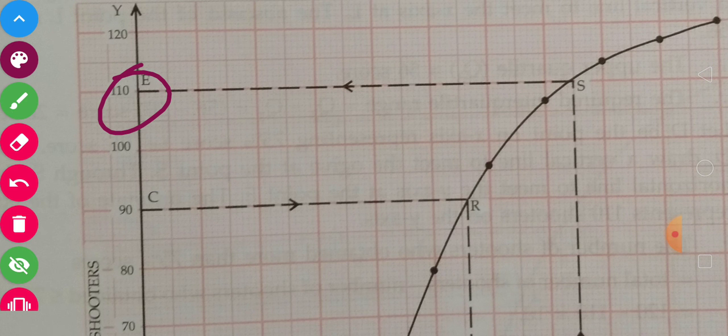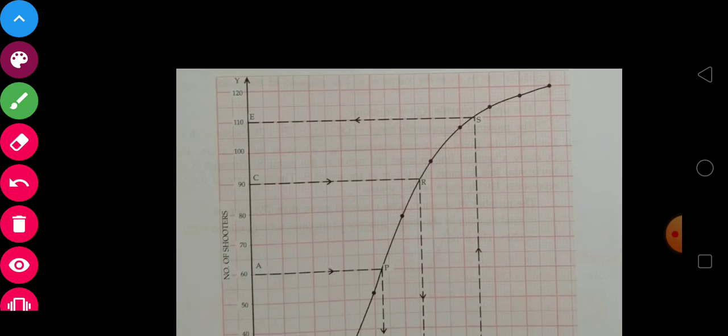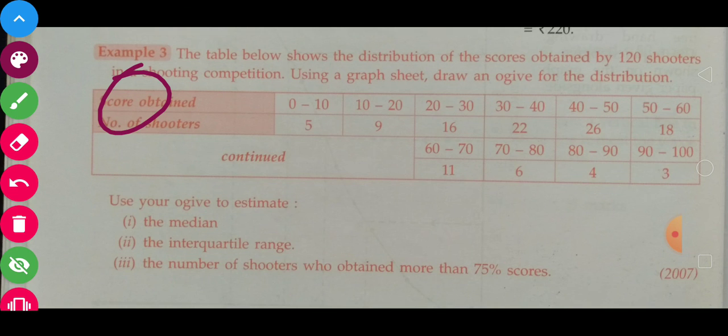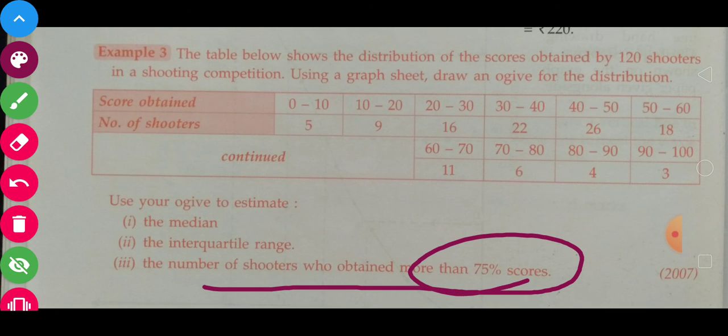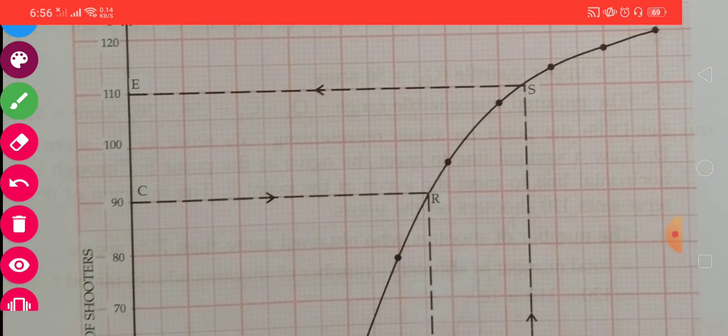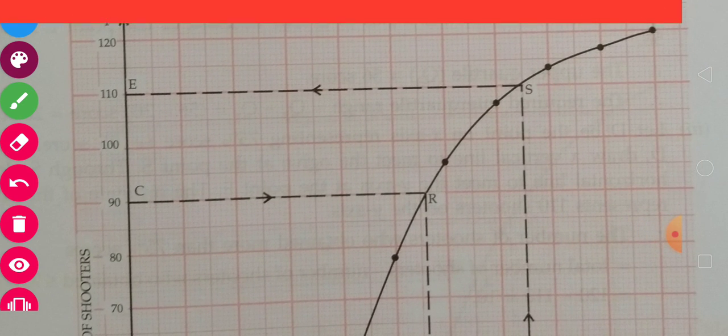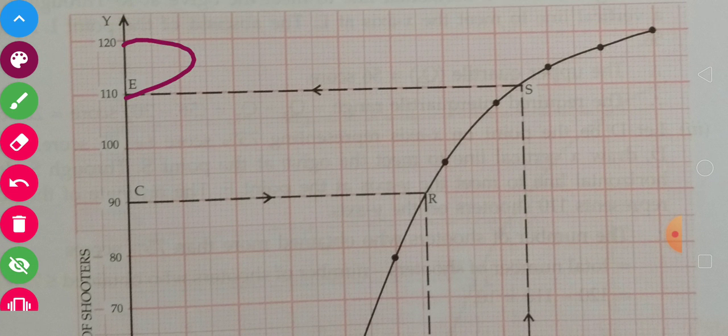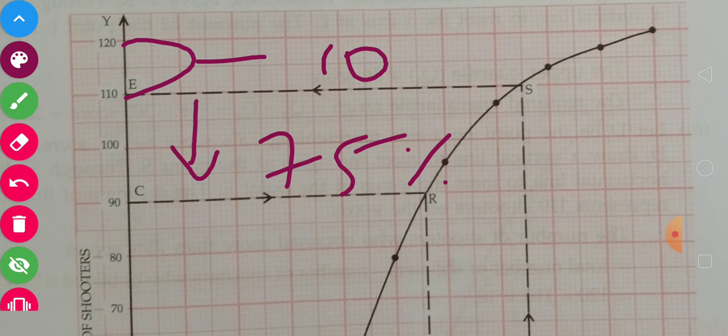Now we need to know the number of shooters who obtained more than 75. From the graph it is clear. The last number is 120. From 110 up to 120, how many people are there? There are 10 people. These are the people who have scored below or equal to 75%.